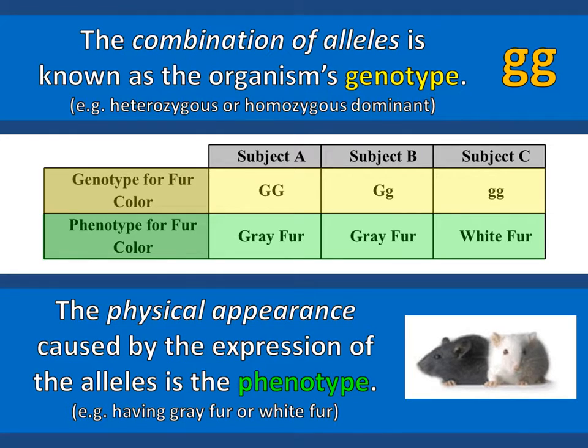Genotype are the letters. And I will write that down to remind you. So here for subject A, the genotype is big G, big G. The genotype for subject B is big G, little g. The genotype for subject C is little g, little g. The letters.